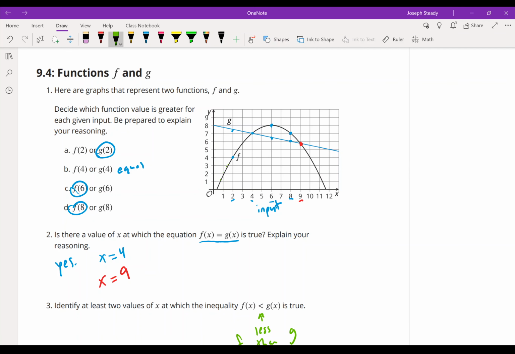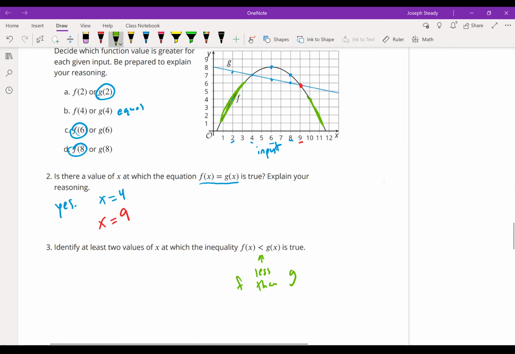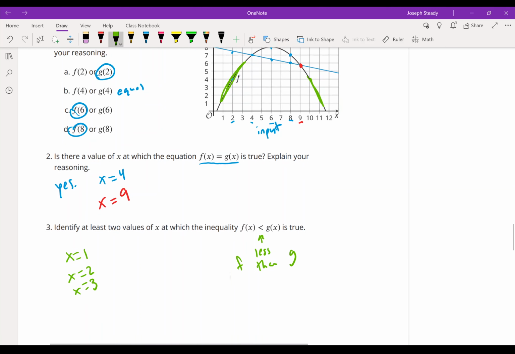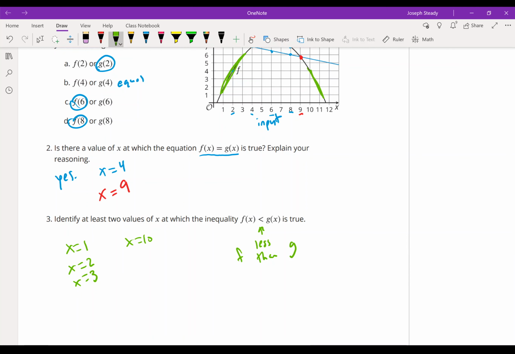So anywhere in here, right, all of this would work. Over here in the middle does not work, but over here on the right side also works. So I can pick a bunch of different values. I could use x equals 1, I could use x equals 2, x equals 3, those all work. Or I could use x equals 10, x equals 11, x equals 12, those all work as well.